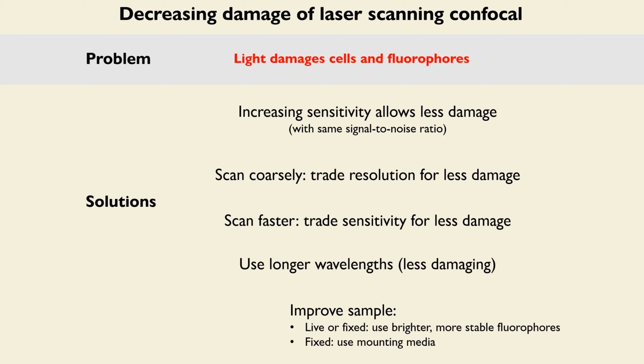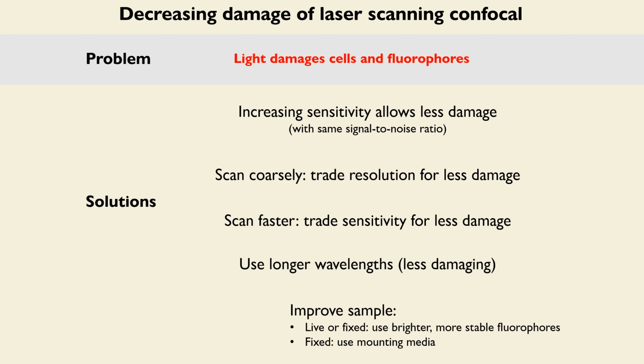The final thing is you can improve the sample for either live or fixed samples. You can use brighter, more stable fluorophores. Fluorophore development is something that has made tremendous strides in the last few decades, and so the kinds of fluorescent proteins that we have available to us now are dramatically better than the ones that we had 20 years ago. And the same is true for fluorescent dyes as well.